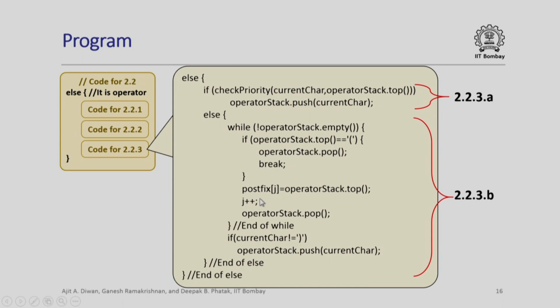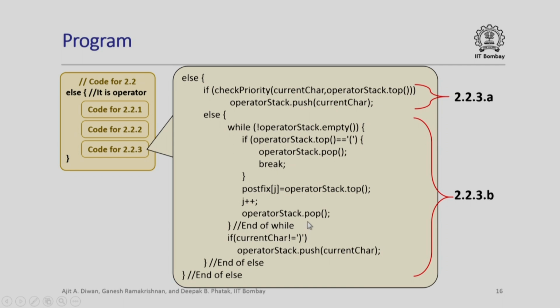Otherwise, I have the postfix string, and I have to append to that postfix string the top of the operator stack. So I take the operator stack dot top and assign it to the jth element of postfix string and increment j plus plus. So this is the equivalent of appending.